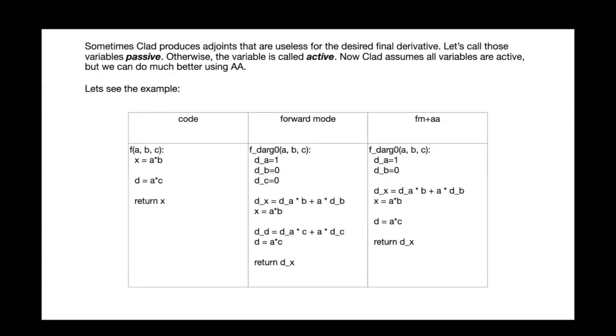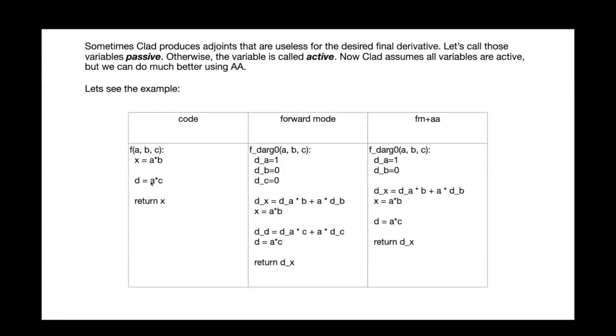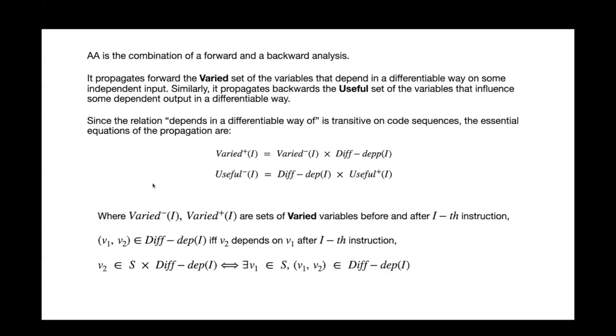So again, in our example, we'll have that d is a varied variable since it is influenced by variable a, but it is not useful.